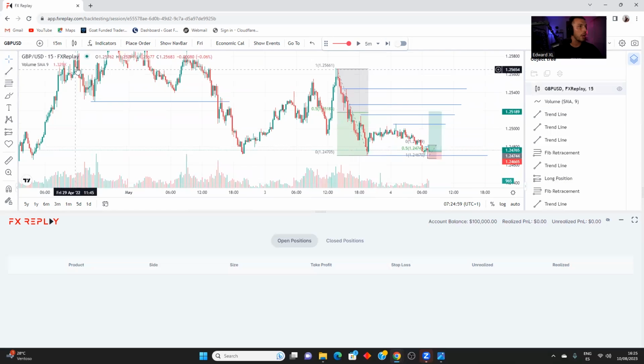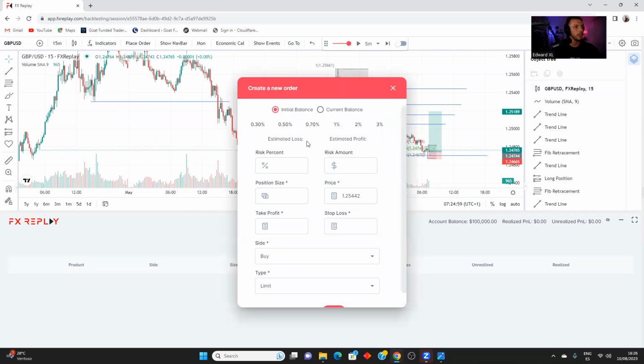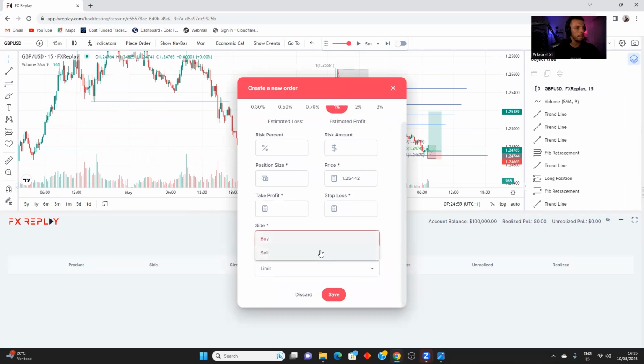So now I just need to understand how to place an order because I have no idea. Buy, market, perfect. Let's say I enter from there. Stop loss 1.2466.